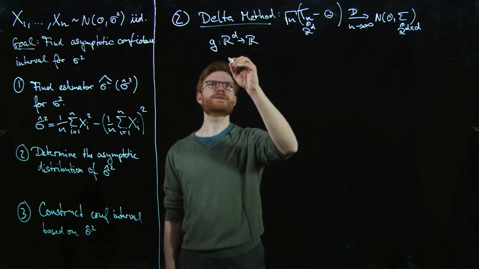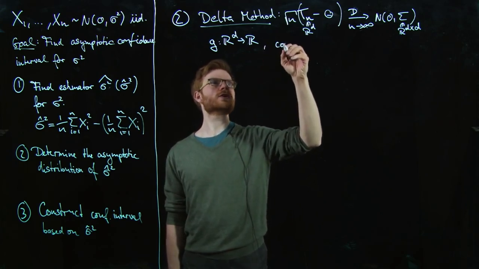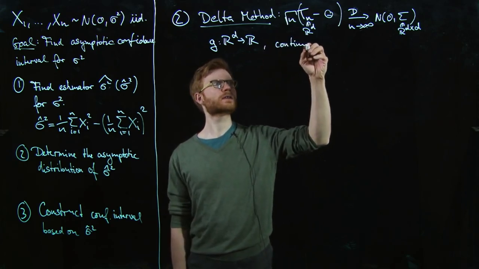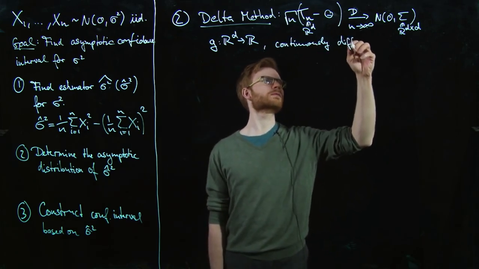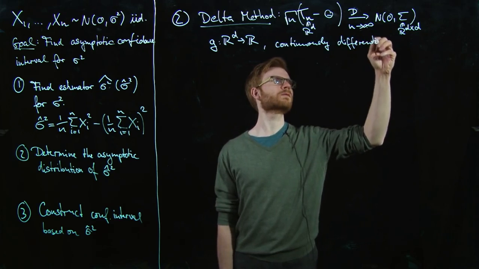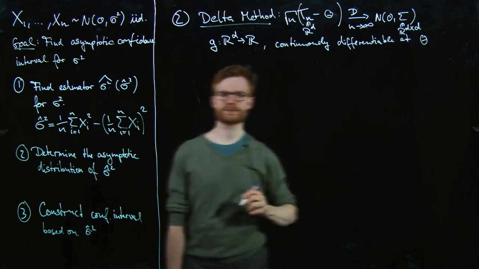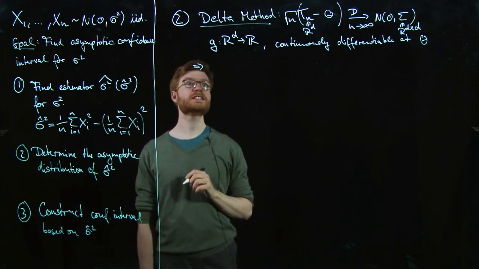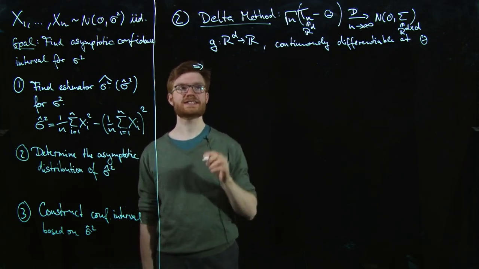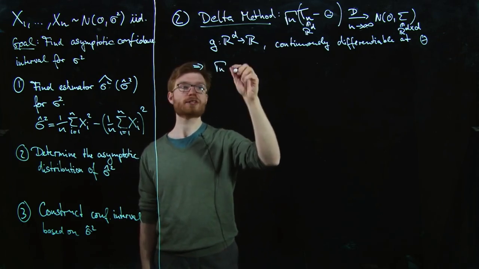And it is continuously differentiable at theta, then I know what the limiting distribution of g of Tn is. Namely, I still scale by square root of n.